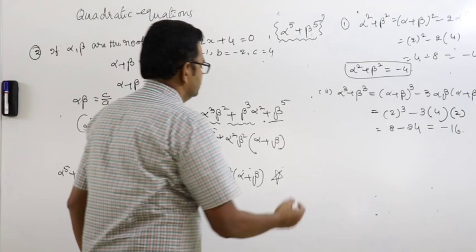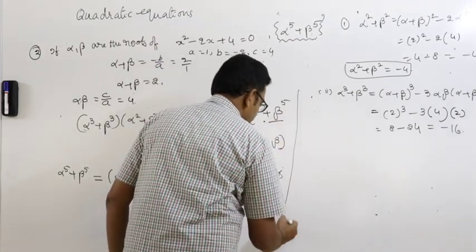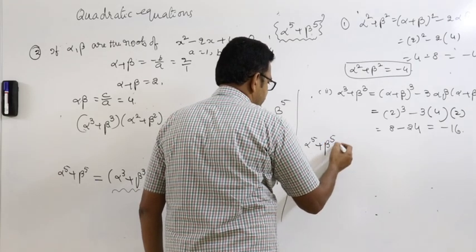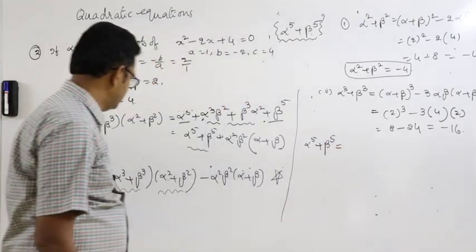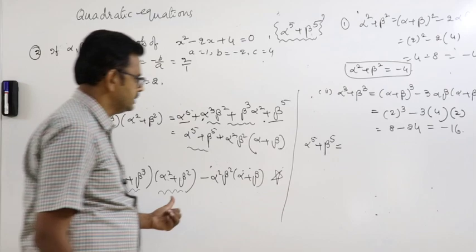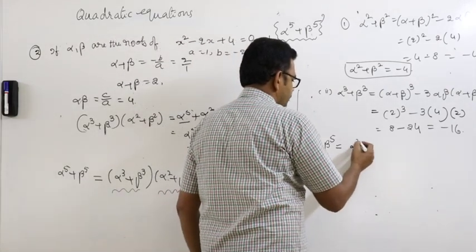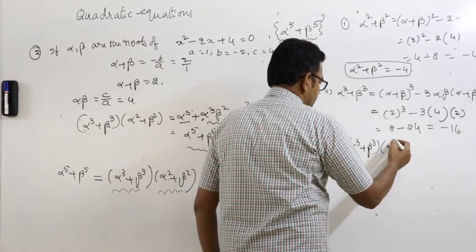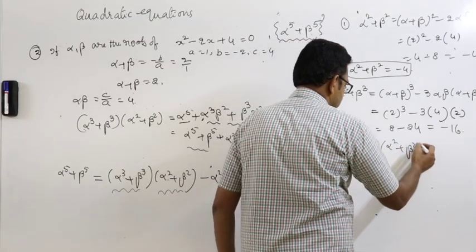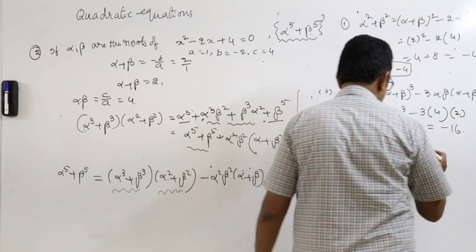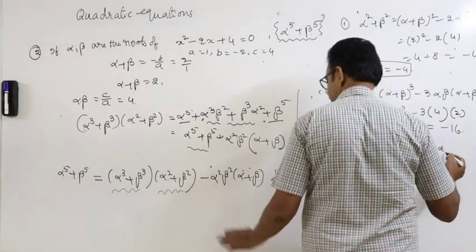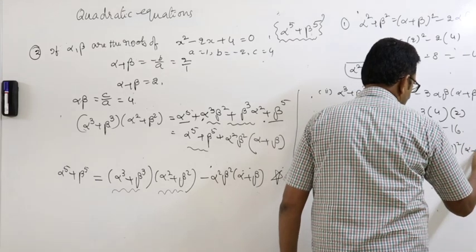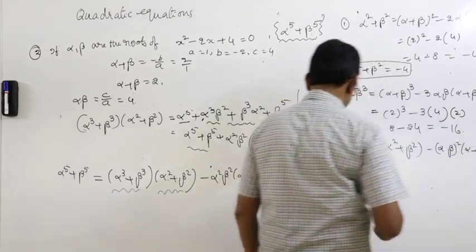Now find the original given alpha power 5 plus beta power 5. Once again I write alpha cube plus beta cube into alpha square plus beta square minus alpha square beta square, that is alpha beta whole square into alpha plus beta.